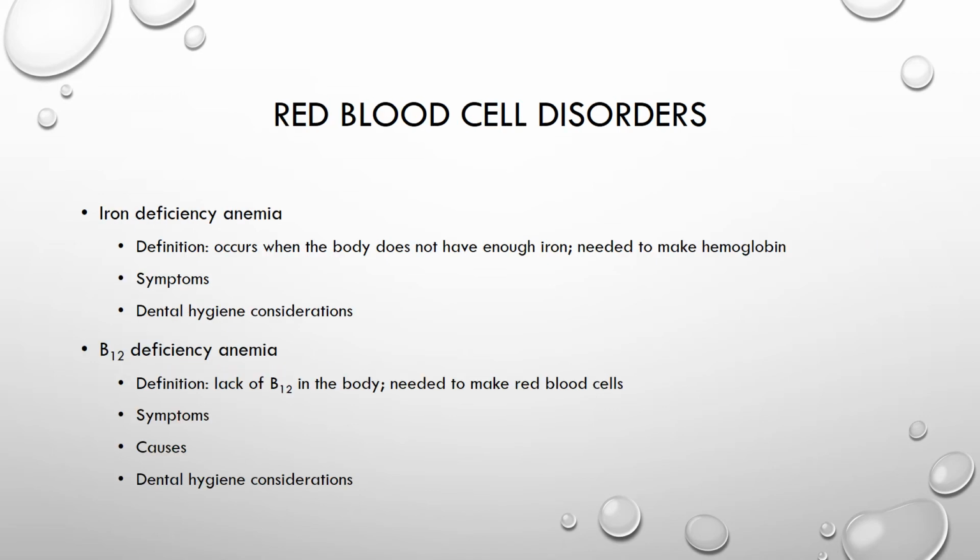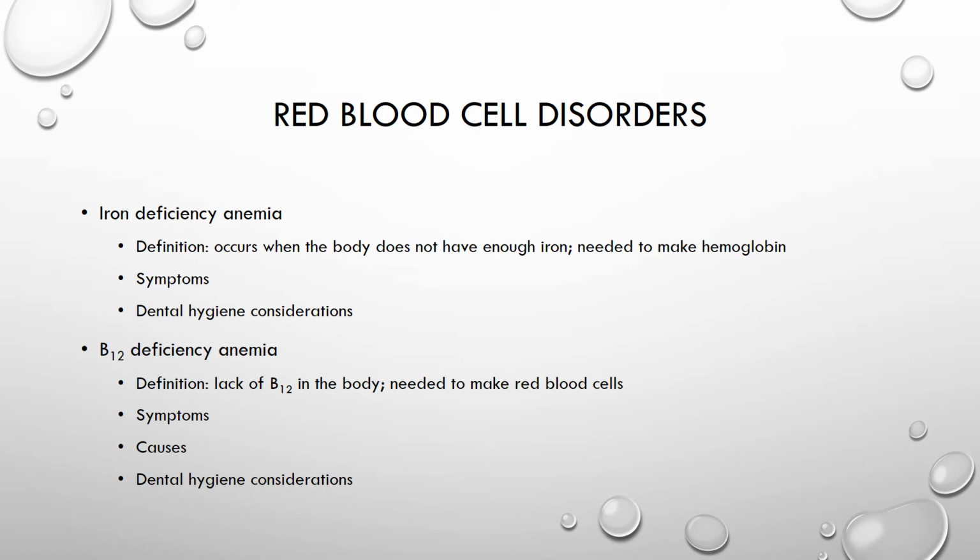Now let's talk about some red blood cell disorders. Iron deficiency anemia, this is where the body does not have enough iron, because iron is needed to make hemoglobin, and hemoglobin carries oxygen to the body's tissue. This is necessary for tissues and muscle to function effectively.